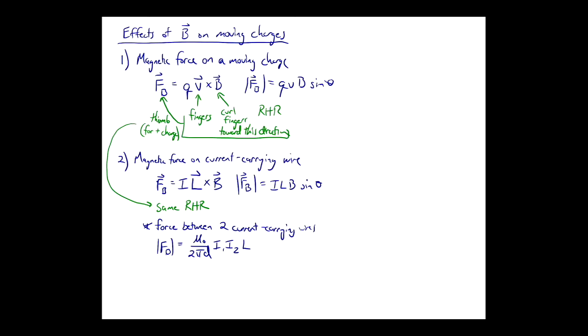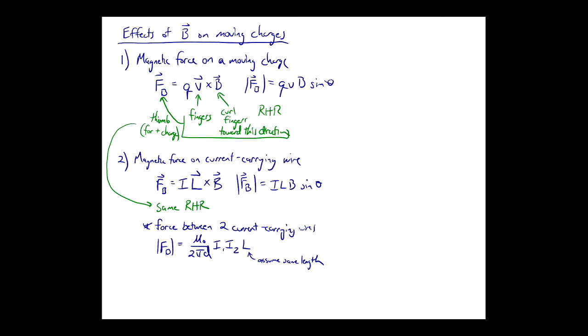Okay, mu naught over 2 pi d, I1, I2, L. Same length. Okay? Those are the effects of an existing magnetic field on moving charges.